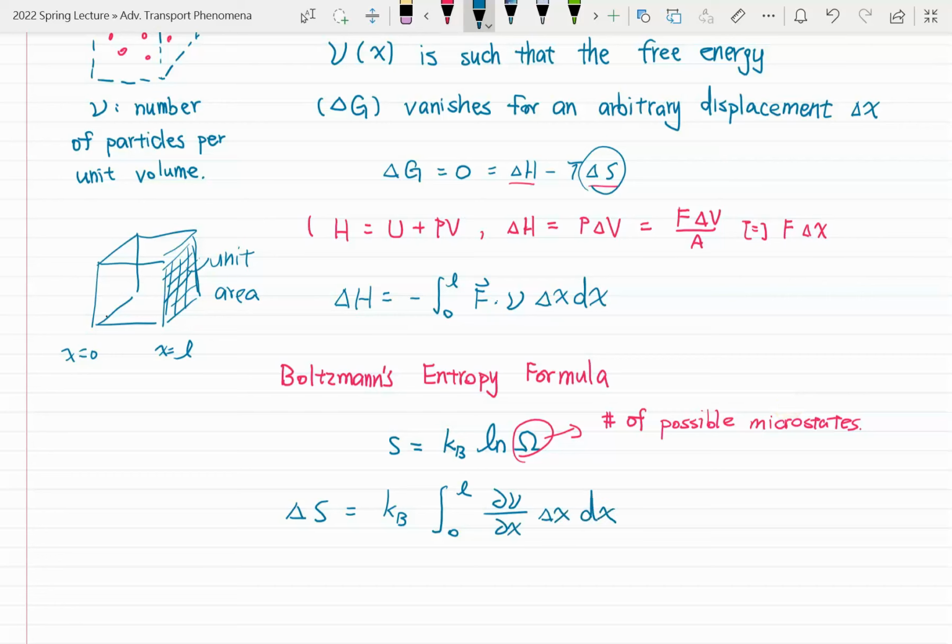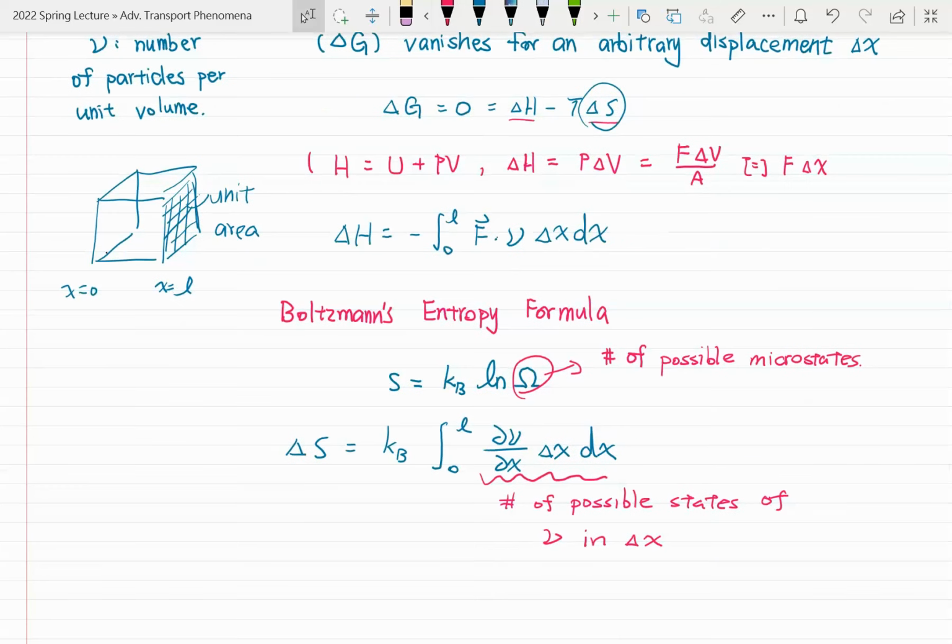Okay, and basically this latter part can be understood as the number of possible states of eta in the delta x, in the displacement. Okay, so let's call this equation 1, this equation 2, and this equation 3.